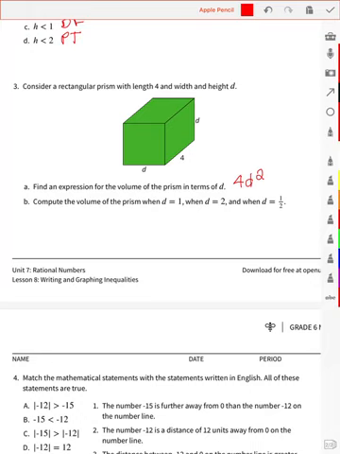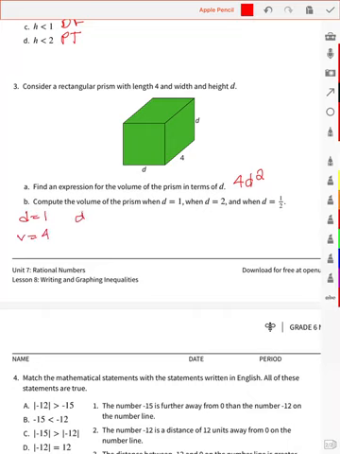And compute the volume of the prism when D is 1, when D is 2, and when D is 1/2. So if you're doing 4 times 1 times 1, in the first case, if D is equal to 1, the volume is equal to 4.